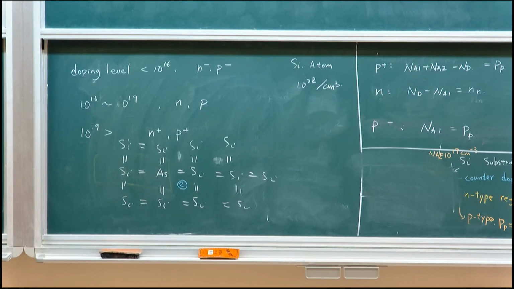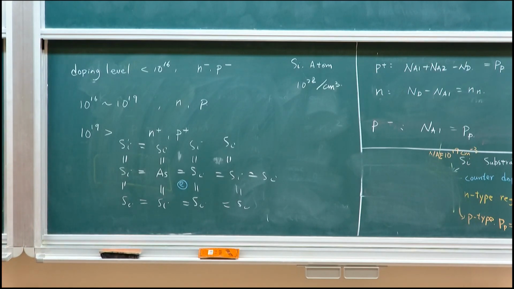Even 10 to the 20th is probably the limit. As I said, there's a solid solubility, the solubility, which has a highest level. Otherwise, you're changing the material. So you cannot put in too much to alter the background silicon.